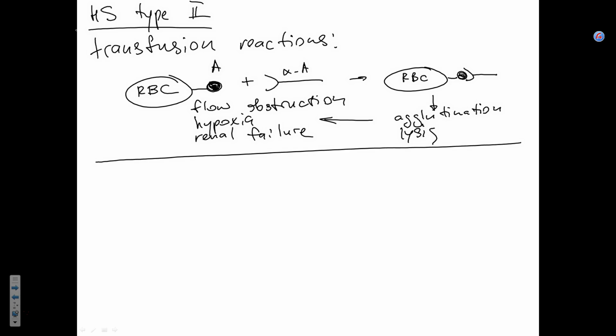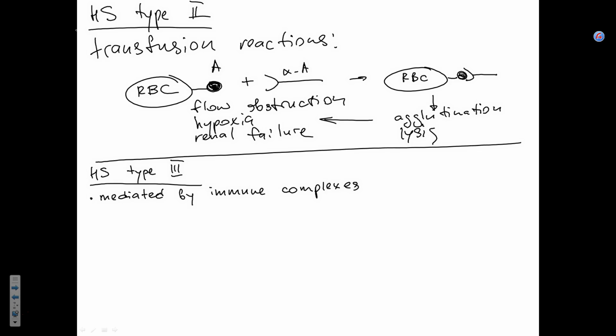Now, hypersensitivity type 3. This is mediated by immune complexes. The great example of this disease is lupus.